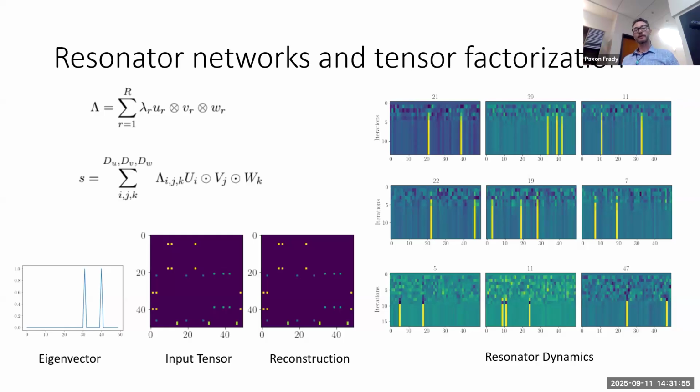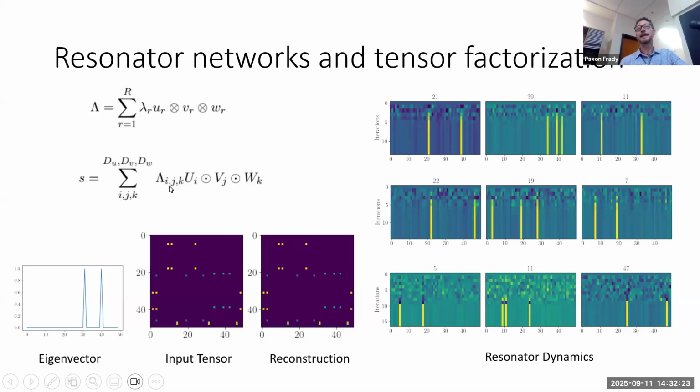U, V, and W are just vectors. When you outer product them, you get a tensor cube. Then you weight that cube by the eigenvalue and sum a bunch of those cubes up. That is essentially how you factorize a tensor. And we can then solve the tensor factorization problem using a resonator network by doing the following.